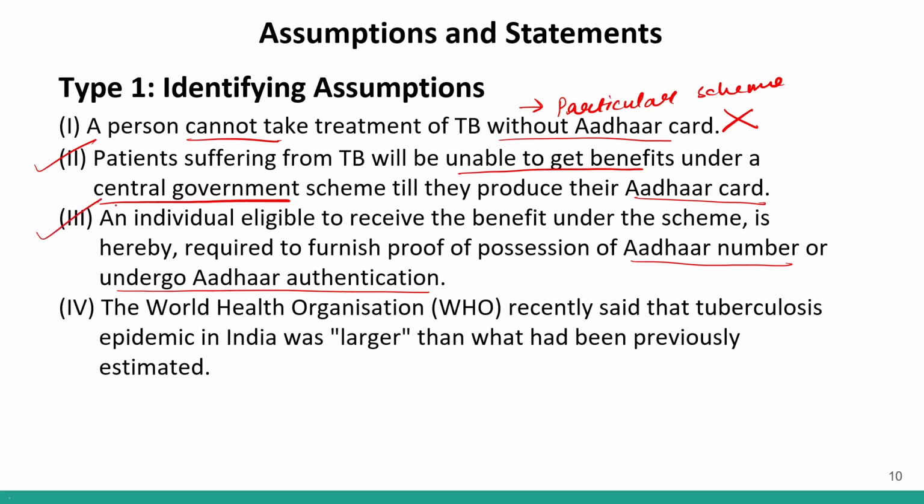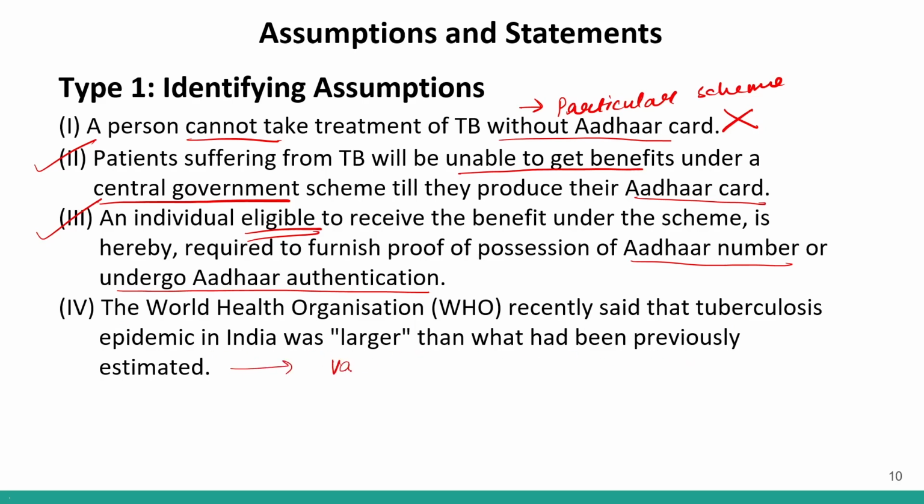This is straight up mentioned in the statement that you need Aadhaar verification or Aadhaar number or anything related to Aadhaar. It is compulsory in order to be eligible to receive the treatment. So this is also true. Fourth one says the WHO recently said that tuberculosis epidemic in India was larger than what has been previously estimated.